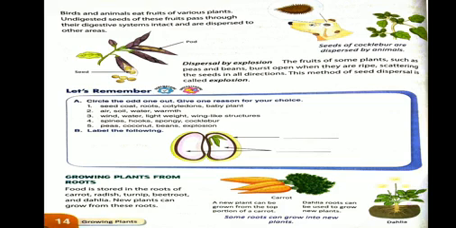Now, next topic is how plants grow from roots. Food is stored in the roots of carrot, radish, turnip, beetroot, and dahlia, of course. So, a new plant can be grown from the top portion of a carrot.